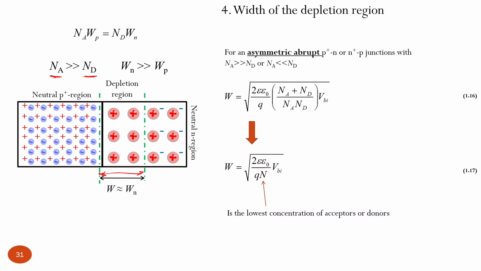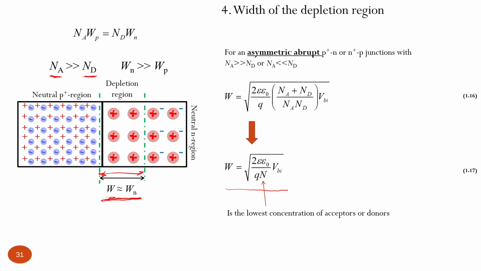So, taking this into account, the total width of the depletion region will be almost equal to the depletion region located exclusively in the N-type side of the p-n junction.